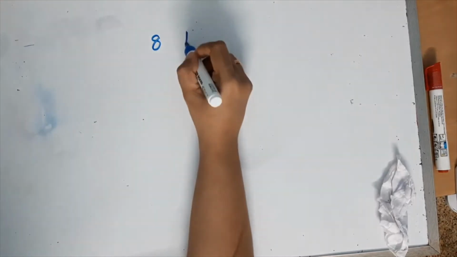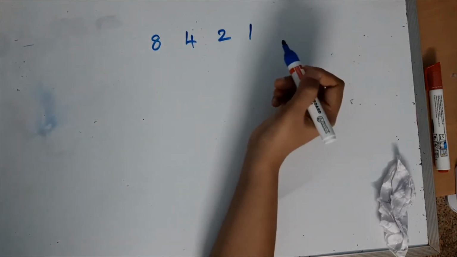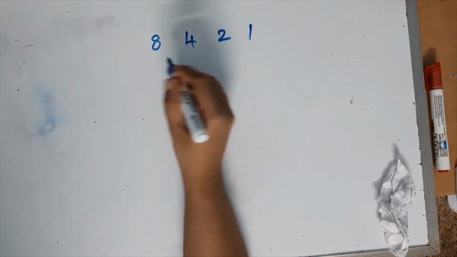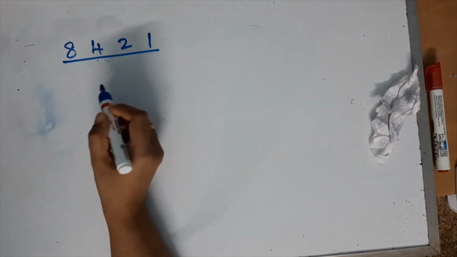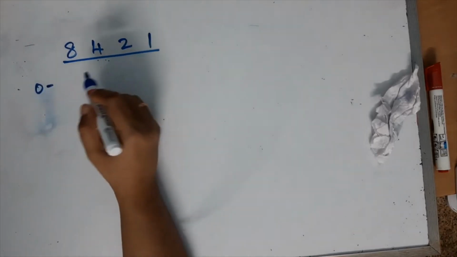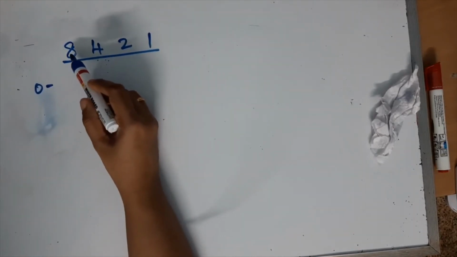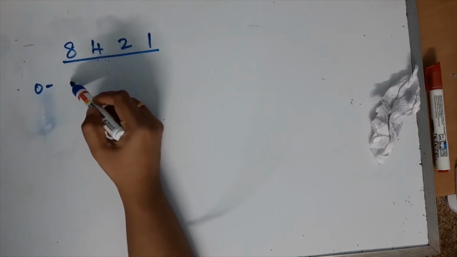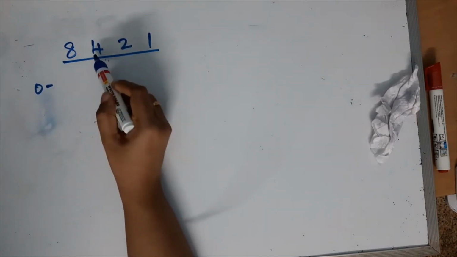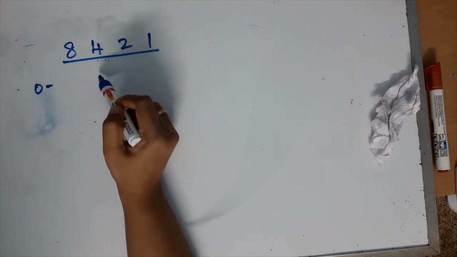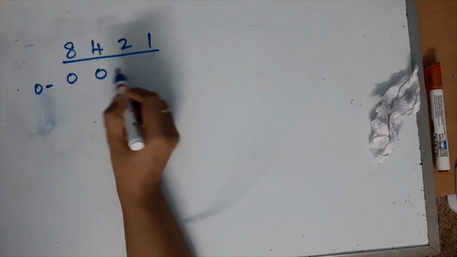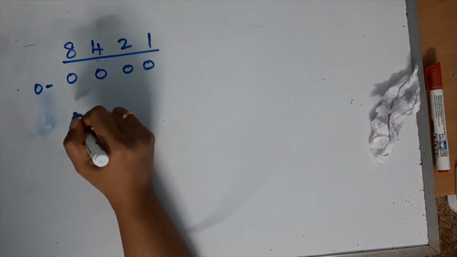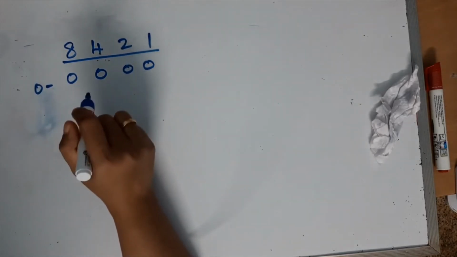So this is 8421. We'll start with 0. For 0, you have to multiply each weight with the corresponding 0 or 1, and the next bit with the corresponding weight, likewise. So 0 means there is no value, so it is 0 for all. Here we are representing all the numbers in 4 bits.